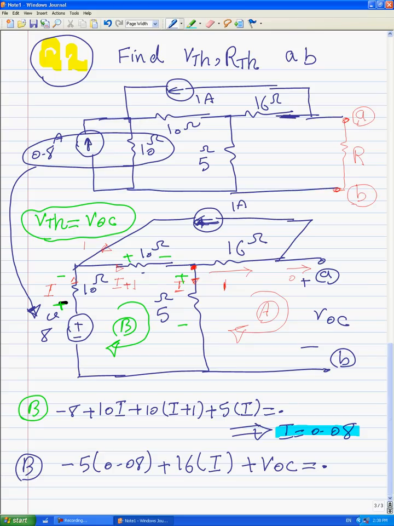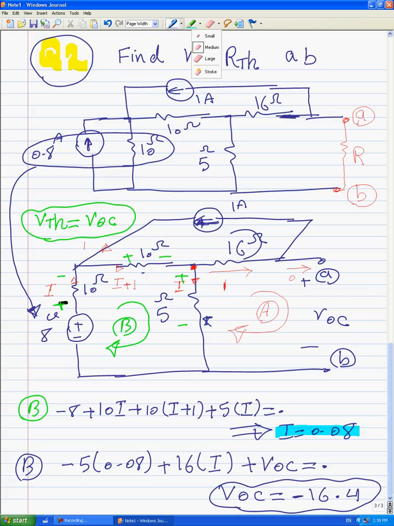Once again, KVL in loop A says minus 5 times I plus 16 times 1 plus open circuit voltage is equal to 0. That's why open circuit voltage is equal to minus 16.4. This is the answer for open circuit voltage.